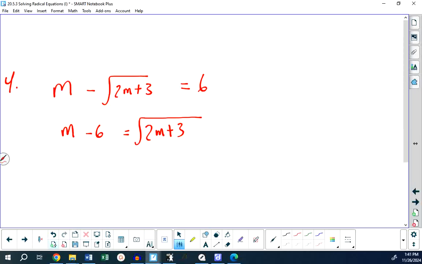By the way, not that it really matters, but we are asked to do this. If anybody asks, that's what the restriction is. The radicand always has to be greater than or equal to 0.